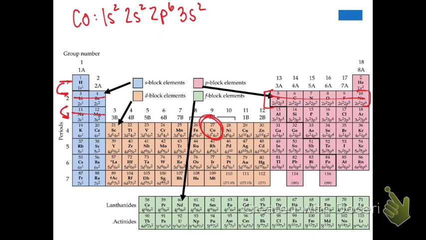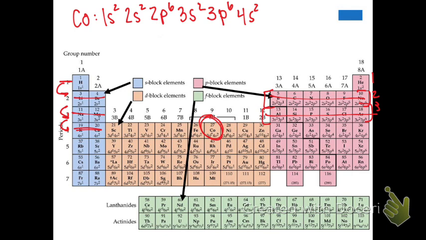3s2. Okay, so that's done. Now I'm going to work my way over here, which would be still 3. So 1, 2, 3. Okay, so 3p6. Good. So that's done. I'm going to drop down here. What would this be? 4s2. Okay, so now here's where we came to that tricky part where I said this.